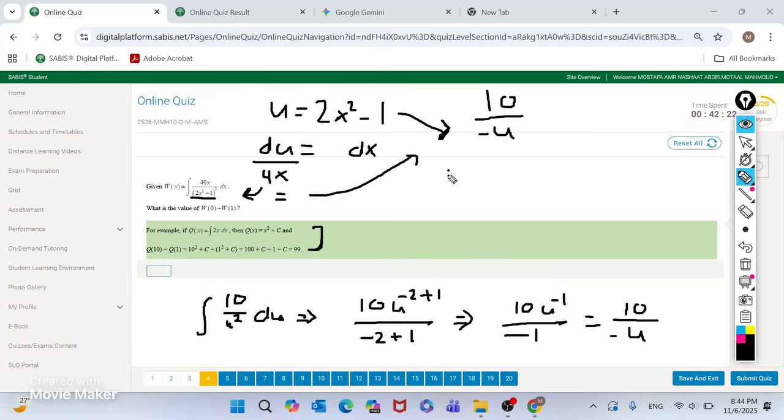So you're gonna put 10 over, in brackets, because it's negative u, so you put the negative outside, 2x squared minus 1. Okay. And then they want this w of x. Now they want w of 0 minus w of 1. So I'll solve that down here.